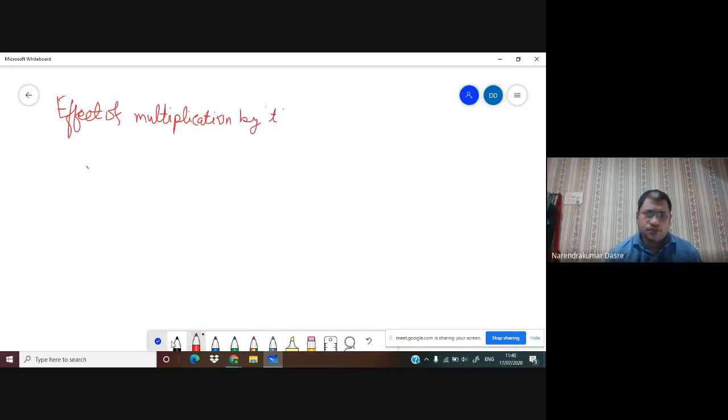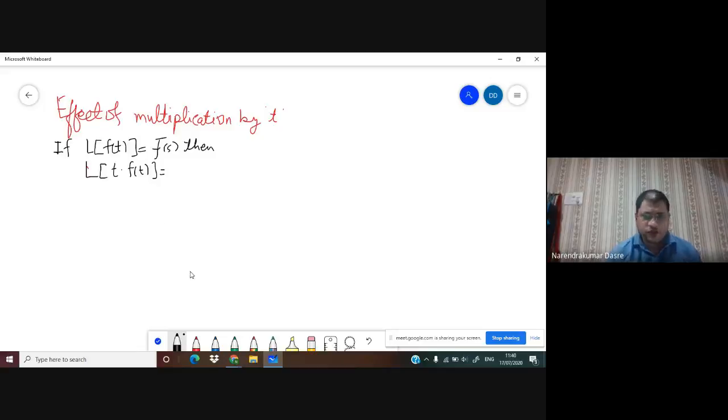So here we know what is the Laplace transform of f of t. So we have to consider that first. So if Laplace transform of f of t is equal to f bar of s, then what will be the Laplace transform of t into f of t?